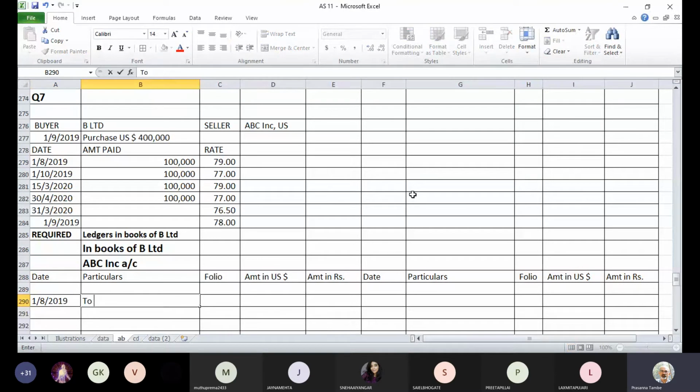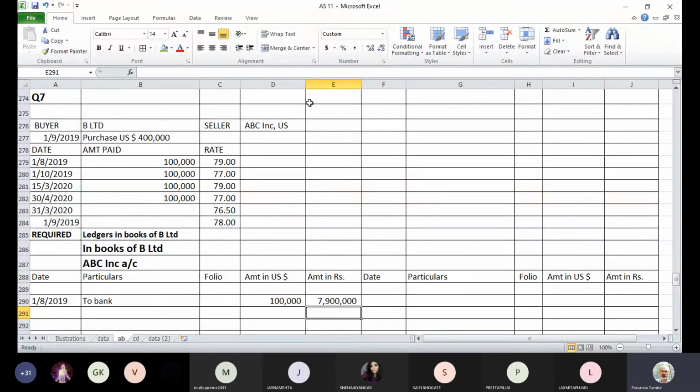To bank. Dollar value is 1 lakh. And the rate on that day is 79. We have paid 79 lakhs rupees, the entry being ABC Incorporated account debit to bank. USD value is 1 lakh, INR equivalent is 79 lakhs.